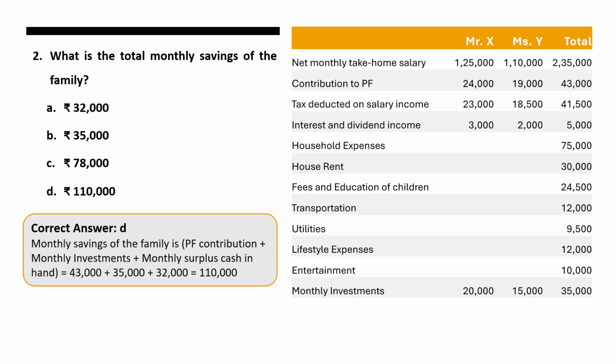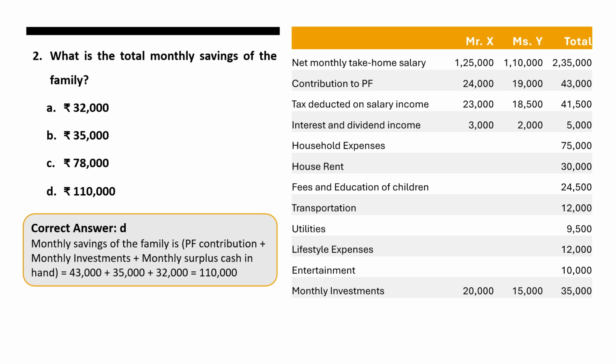So first thing is the PF contribution. This is the compulsory saving what we have, right? So we are taking PF contribution of both Mr. X and Miss Y, that is 43,000. To this we are adding monthly investments. So Mr. X and Miss Y, they are contributing monthly, right?